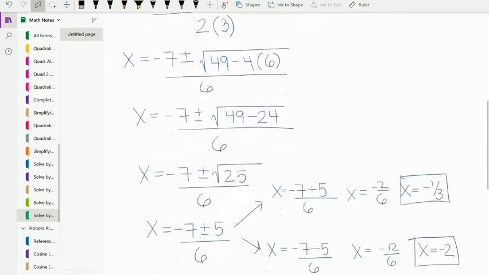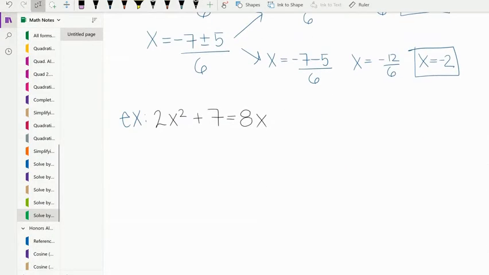A lot of students would look at this and they would say a equals 2, b equals 7, c equals 8, okay? Well, it has nothing to do with, oh, this number's first, this number's second. It has to do with standard form, which is the highest degree to the lowest degree. So the first thing I want to do is move over the 8x to the other side.